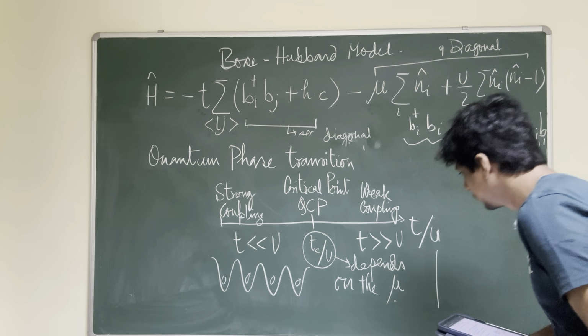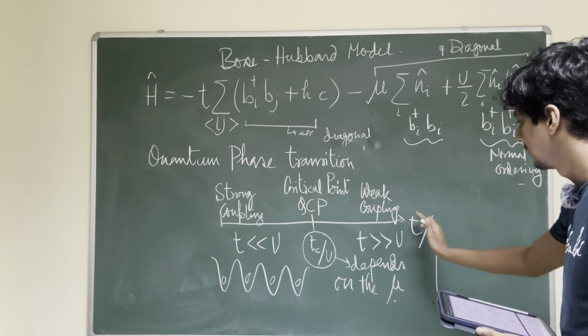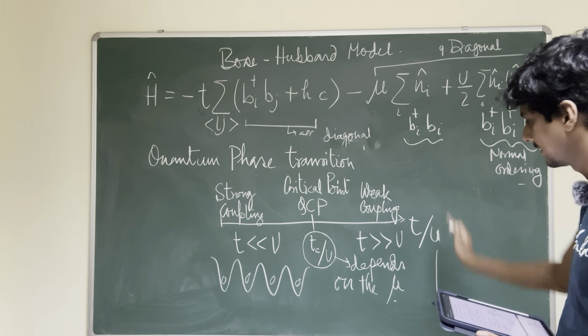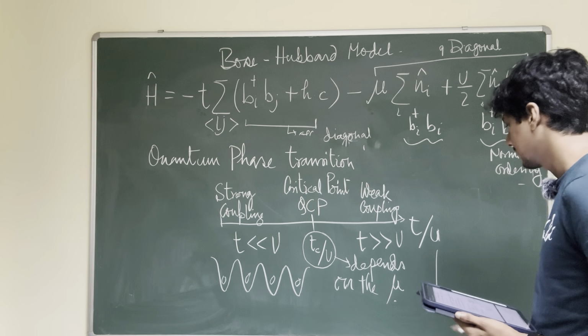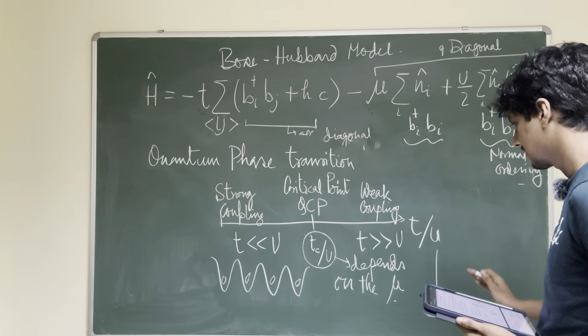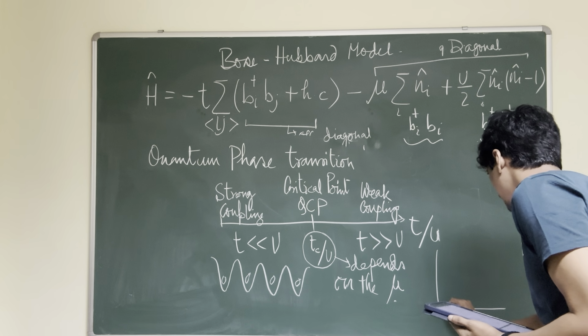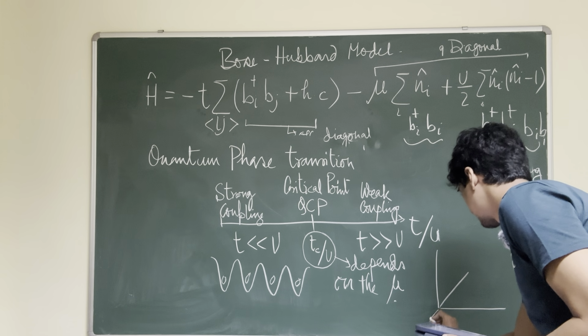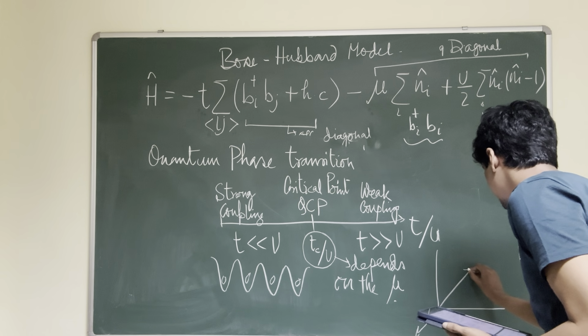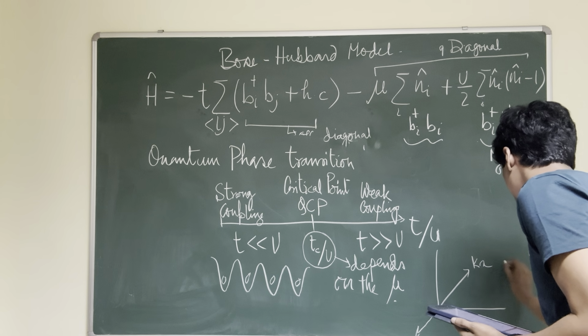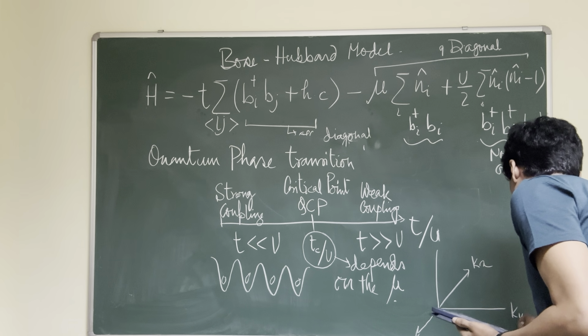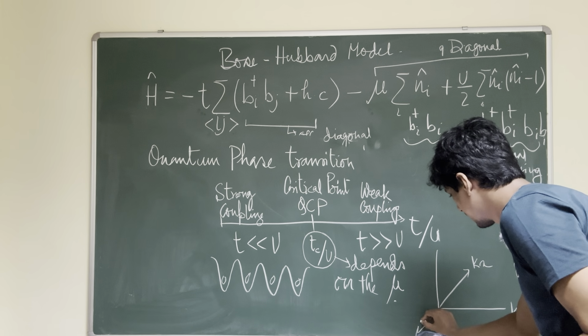In the superfluid regime, the weak coupling regime, where the hopping is much larger than the on-site interaction, if you make a surface plot over here in k_x and k_y, you just get a peak.